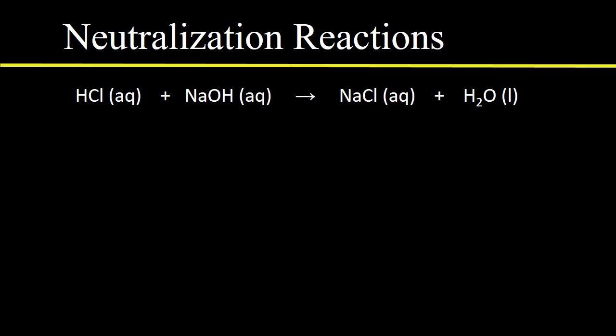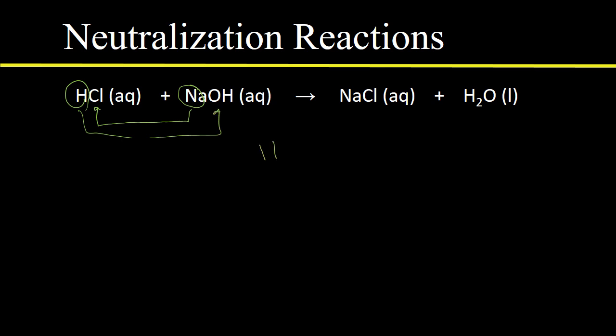We're going to talk about this as a special kind of reaction, a neutralization reaction, but you might note also that this is really just a special case of a double displacement reaction, because the cations and anions are switching partners. The sodium is going with the chloride and the hydrogen is going with the hydroxide.